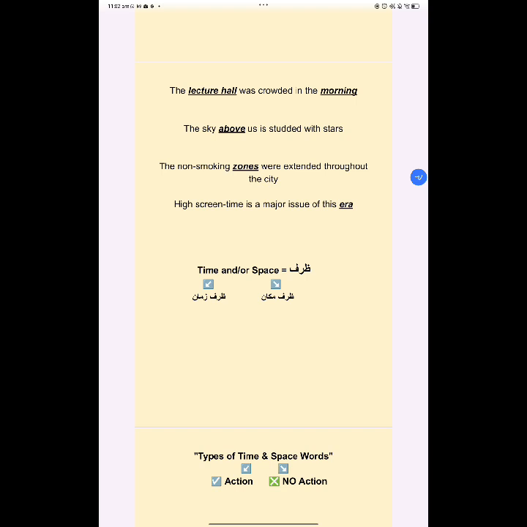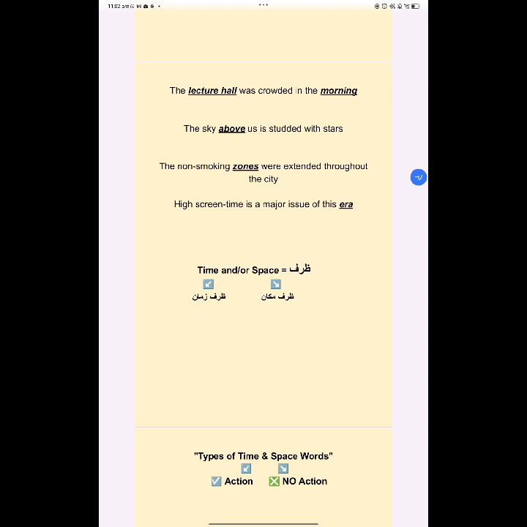Okay, so it means a period or an era. Okay, or simply time. So Zarf Zaman is going to be the Zarf that tells you the time. Okay, for example, the word morning, the word era. So these are your time, your Zarf Zaman.